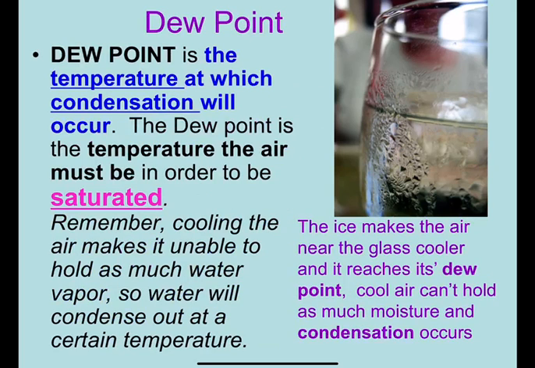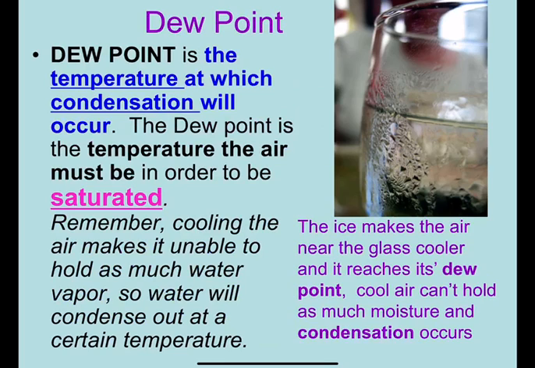Dew point. This is a vocabulary term that you will definitely need to know. The dew point is the temperature at which condensation will occur. The dew point is the temperature the air must be in order to be saturated. Remember, cooling the air makes it unable to hold as much water vapor, so water will condense out at a certain temperature.